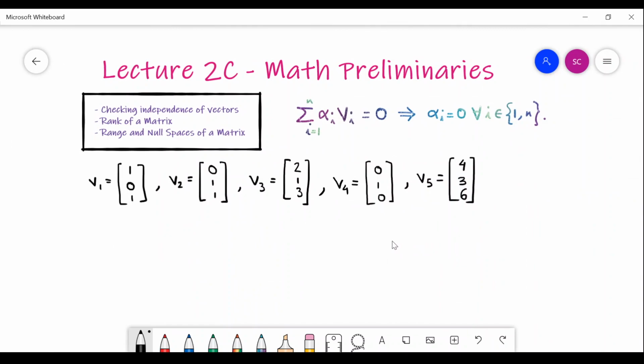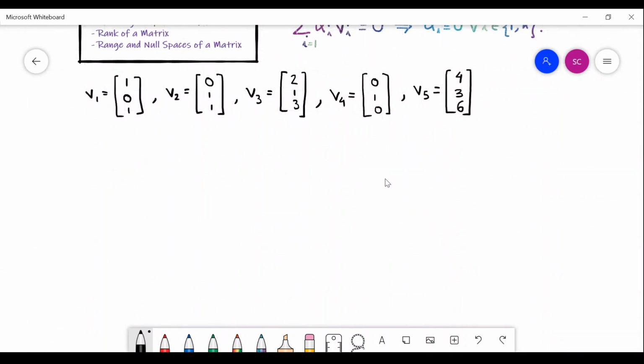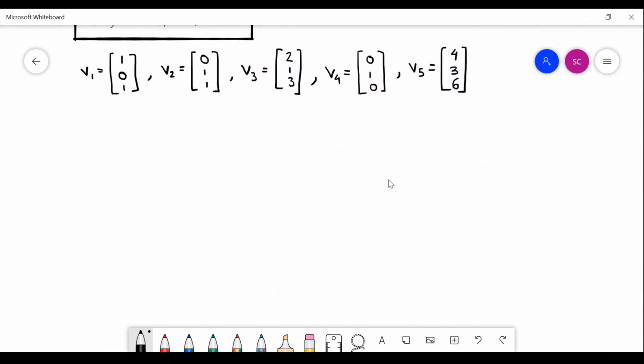Okay, so we will start with the numerical exercise. What we will do, we will form a sort of a table like this.